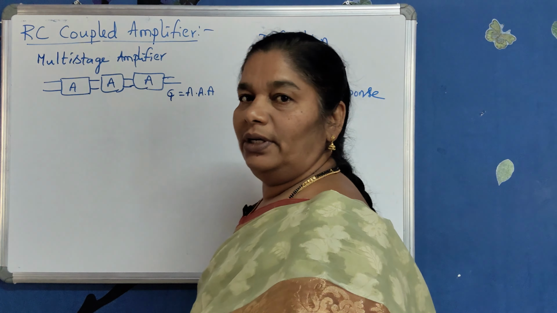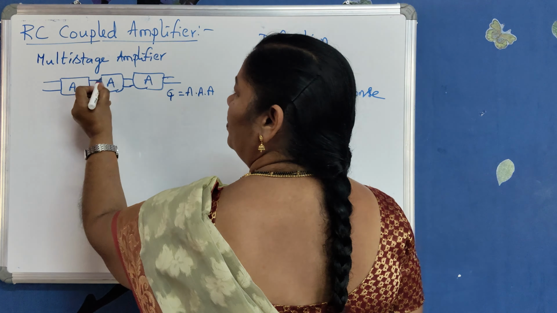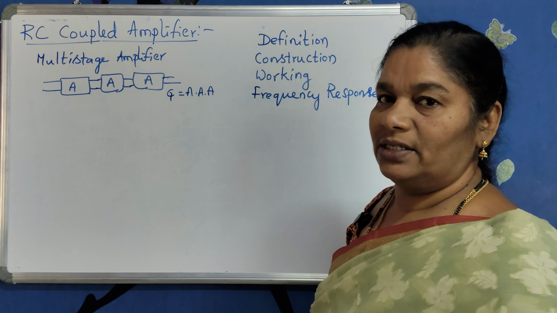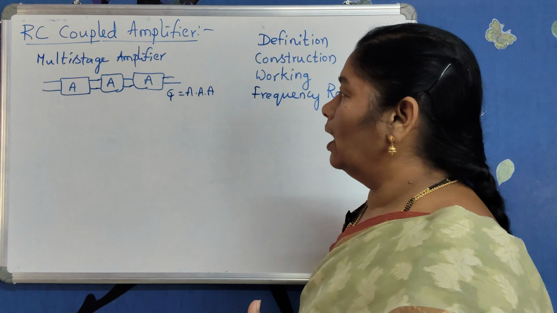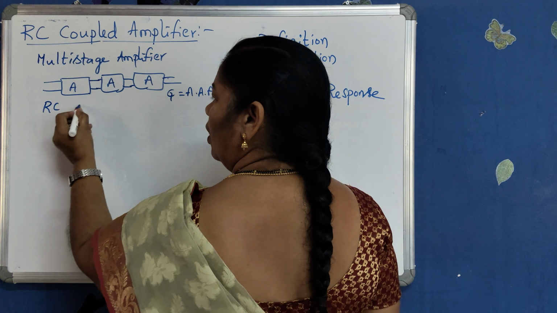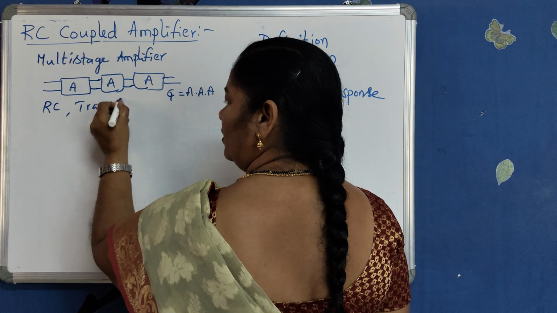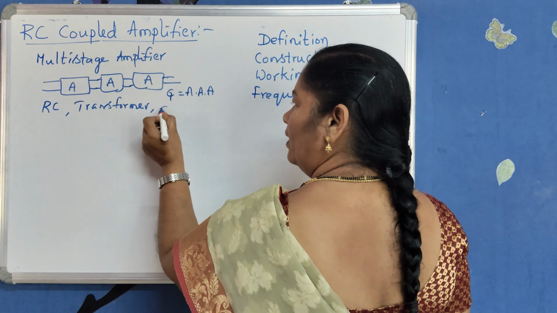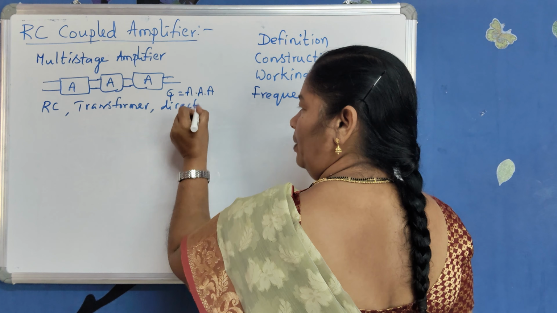Here, when we couple the signal from one stage to another stage, we can use an RC network, or a transformer, or we can connect the signal directly.